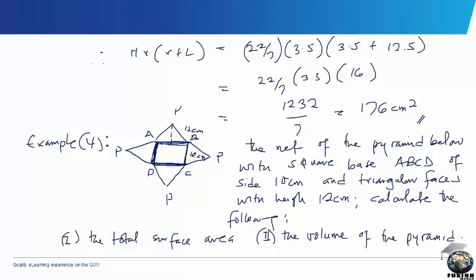Okay, so how do we go about this? For the total surface area, we know that the pyramid consists of 4 triangles and a square.